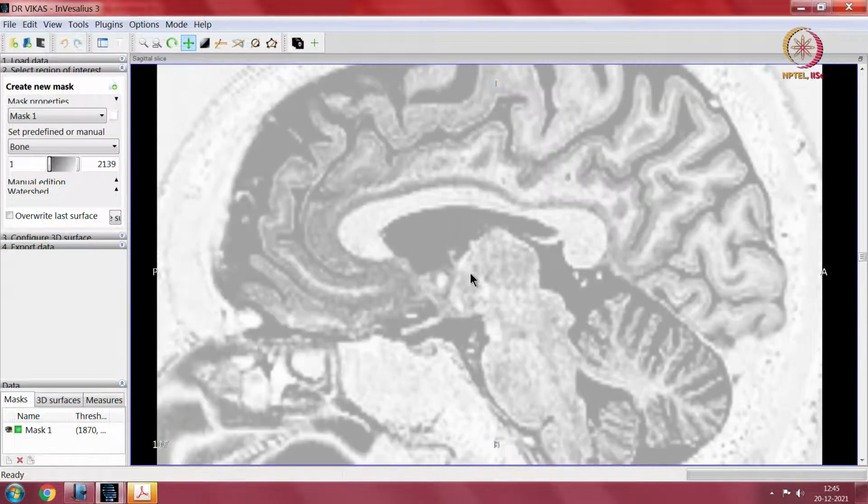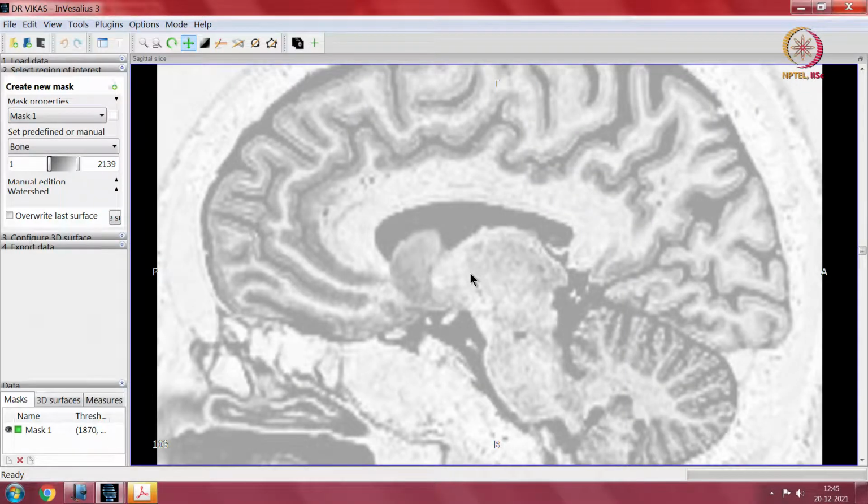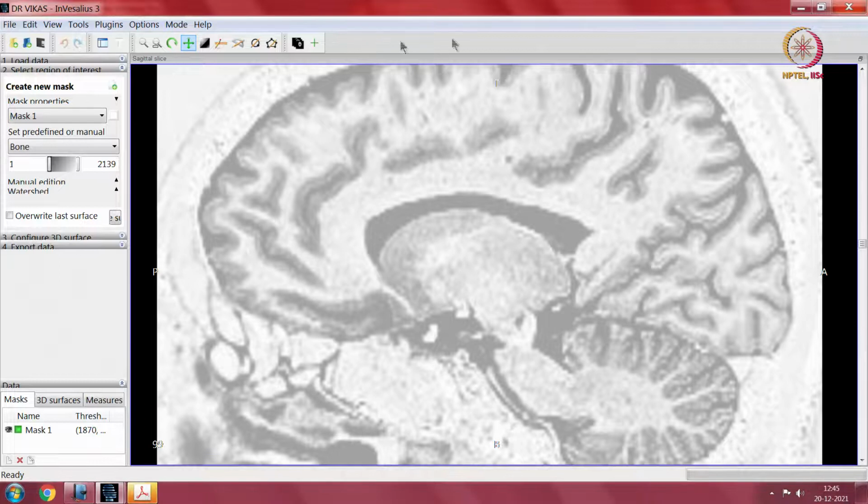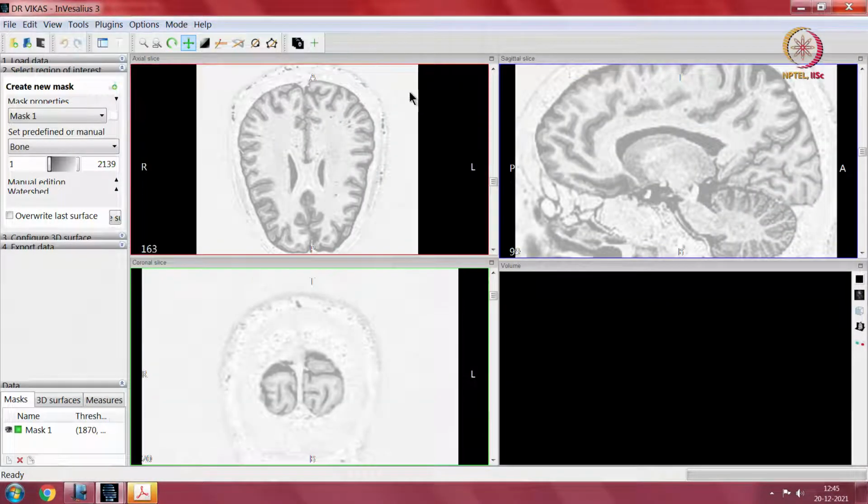I tried showing it to you in 3D, now I showed it to you in axial. I will try showing it in another sequence. This is a T1 sequence.